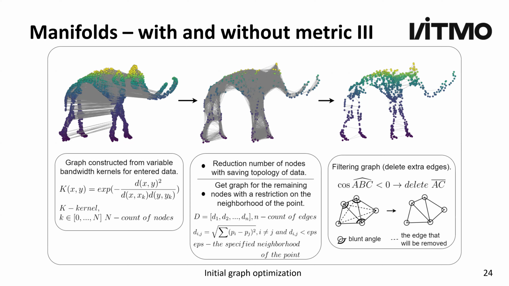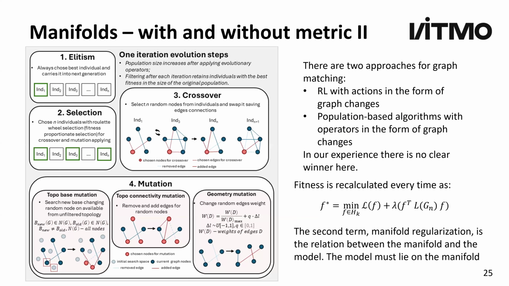Then we also reduce some excessive edges, and we got a really simple graph that is shown on the right-hand side. And thereafter, we just apply some standard genetic programming algorithm where we add some edges, remove some edges, change the distance by some random increment. It could be positive or negative.